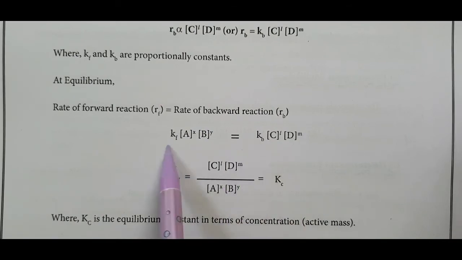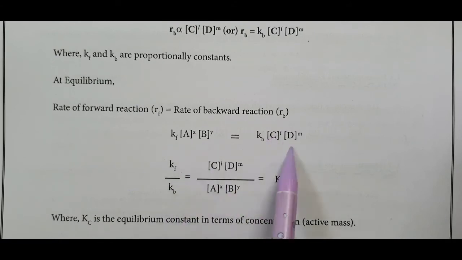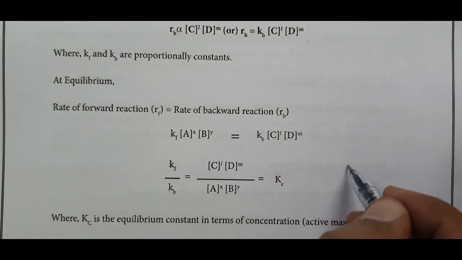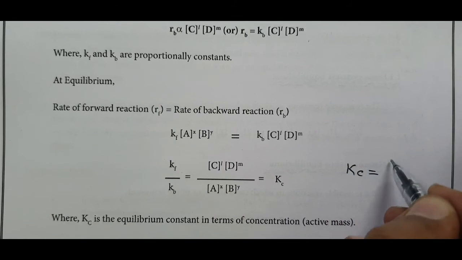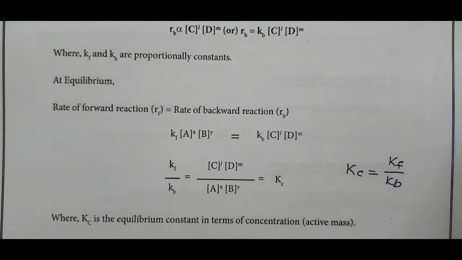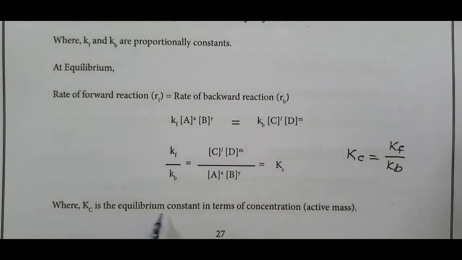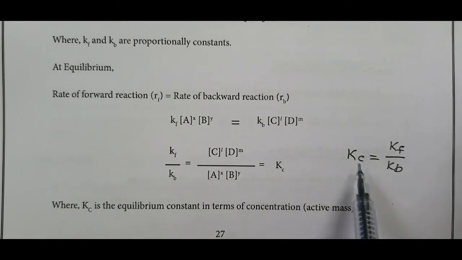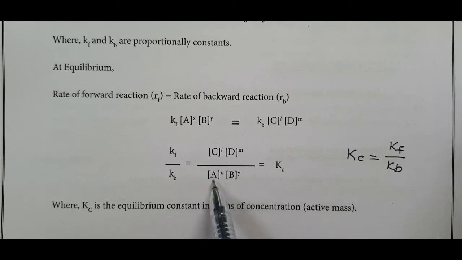When you bring Kb to the left hand side, it becomes Kf divided by Kb equal to [C]^l [D]^m divided by [A]^x [B]^y equal to Kc. That means Kc is equal to equilibrium constant Kf divided by Kb, where Kc is equilibrium constant in terms of concentration, that means active mass. This c indicates concentration, so that concentration is indicated by square bracket.